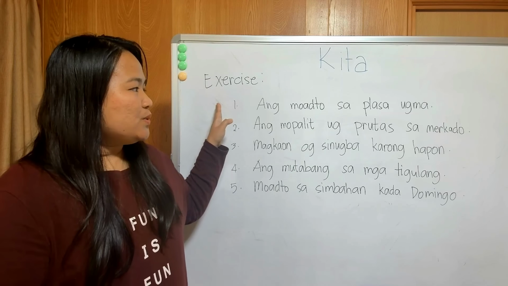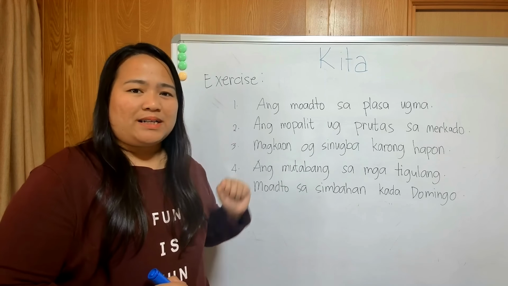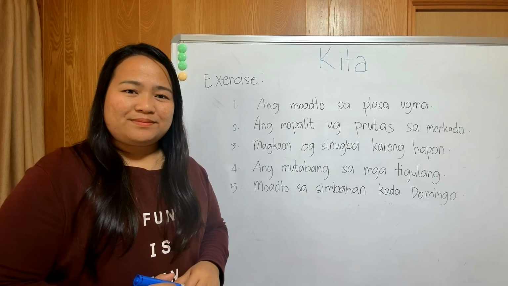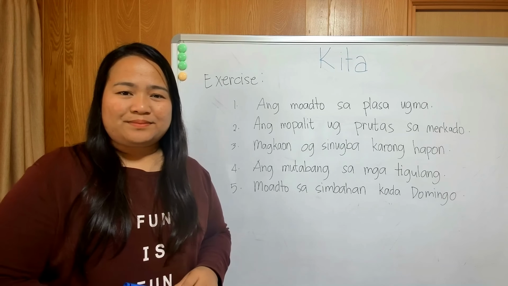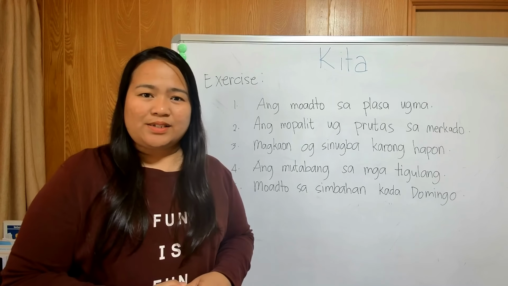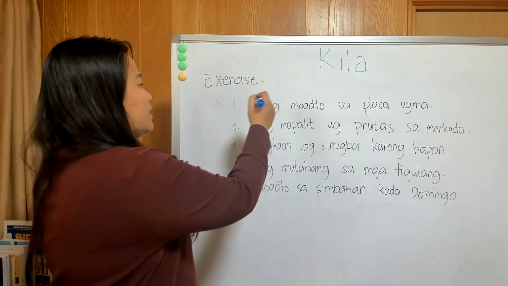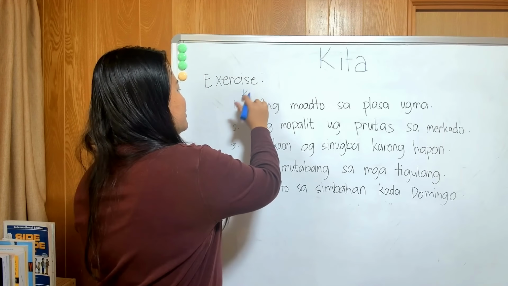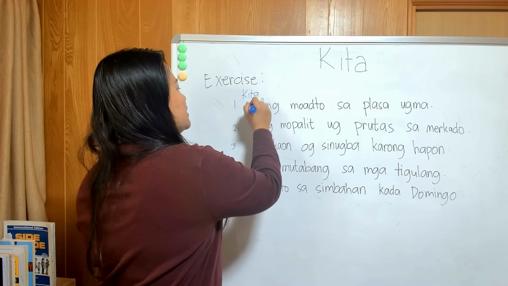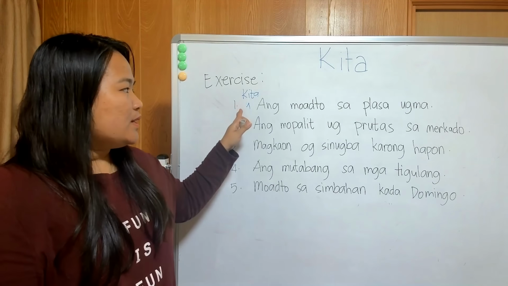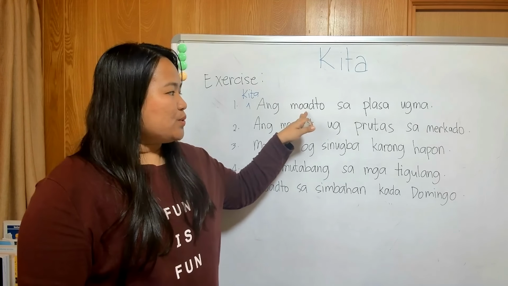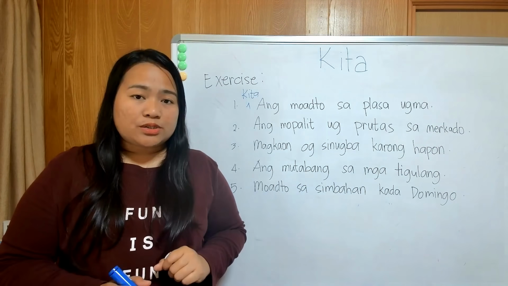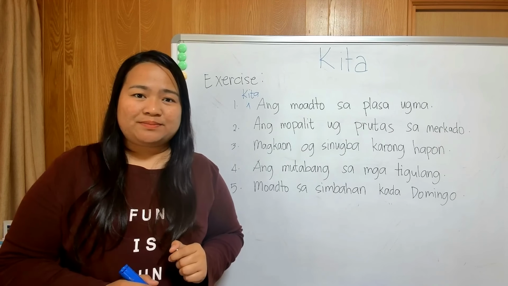Number 1. Ang moadto sa plaza ugma. The answer is at the beginning of the sentence, you can insert kita. So kita ang moadto sa plaza ugma. It means we will go to the plaza tomorrow.